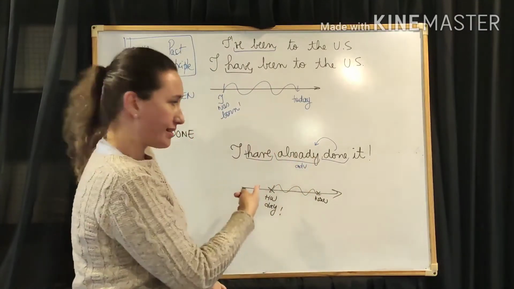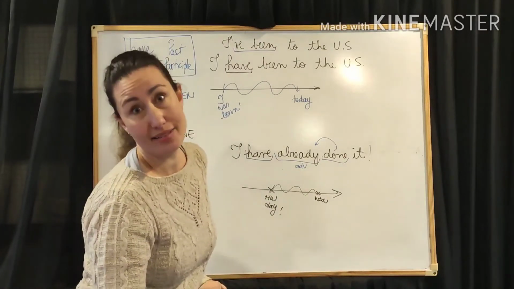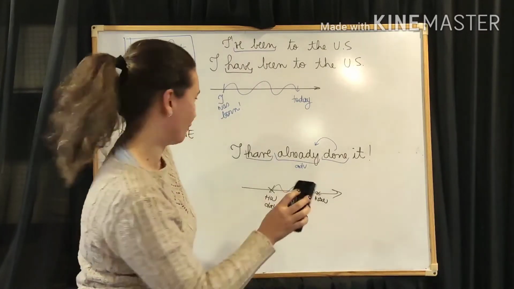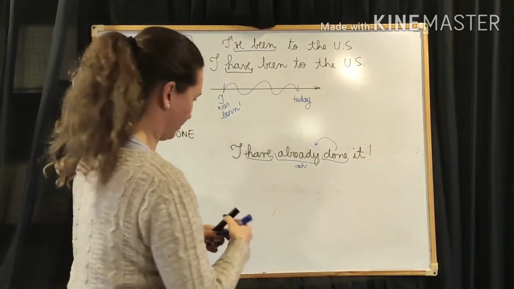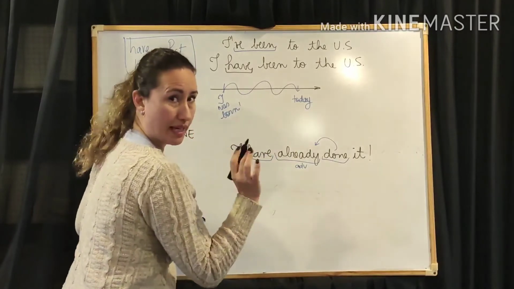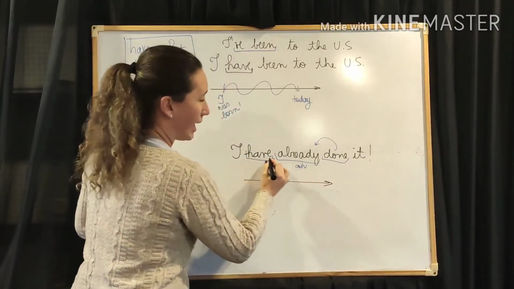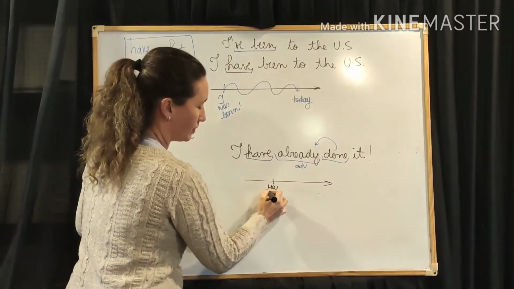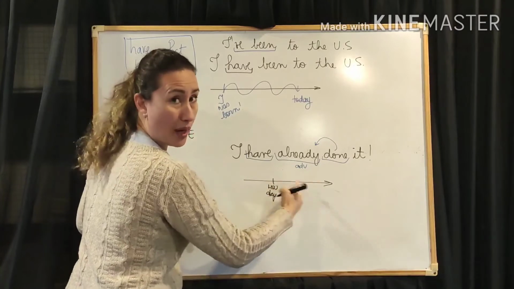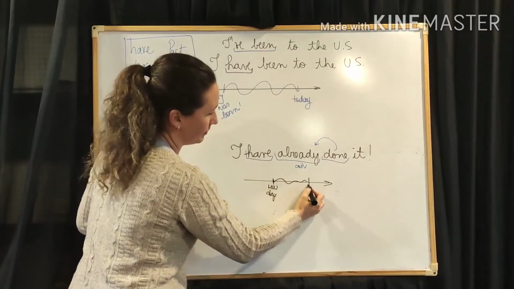But can't I say that in the past? Yes, you can. You can say, I did it yesterday, for example. And look the difference. So let's make the timelines a little bit together so you understand. I have already done it. You don't know when, okay? Between the day the homework was given until now.